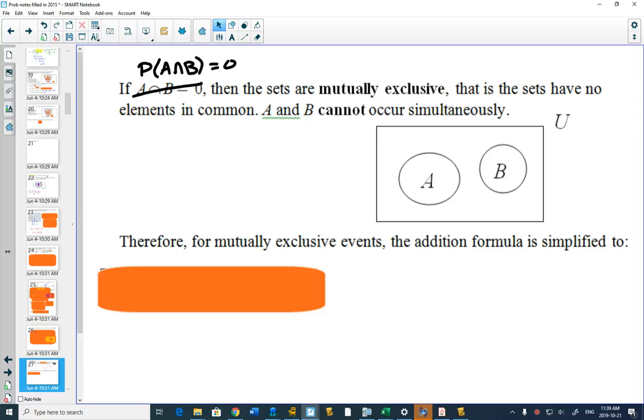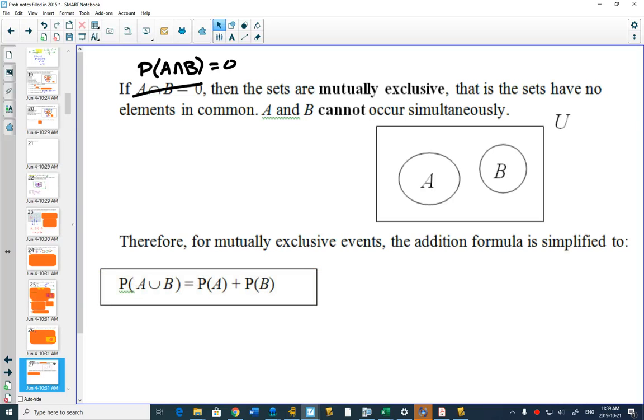When you have mutually exclusive events, the addition formula stays the same, but you don't need the last little part. The last little part is this part, right? Probability of A and B gets subtracted, but since this is equal to 0, we don't need to write it.